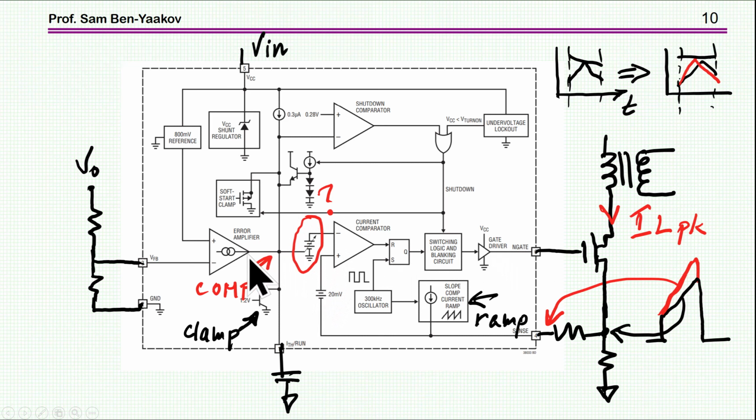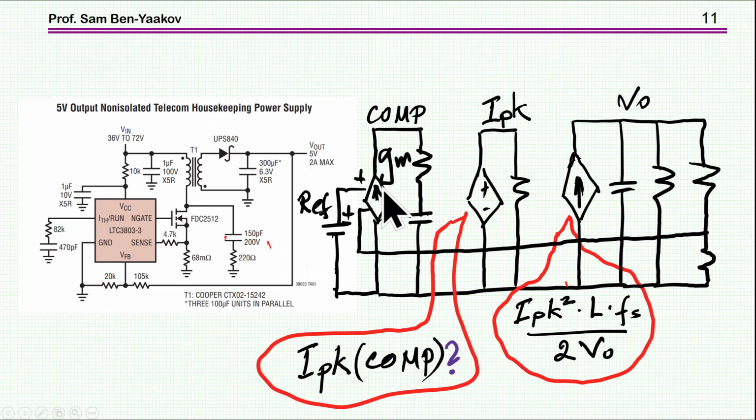That is, the value of the reference is not just the voltage here, but there is some adjustment here. Since I don't have the information on that, I assume that there is another transfer function between the output of the GM amplifier and the actual I peak. Usually the I peak will be sort of clamped to this value. But here there is something which is not known.